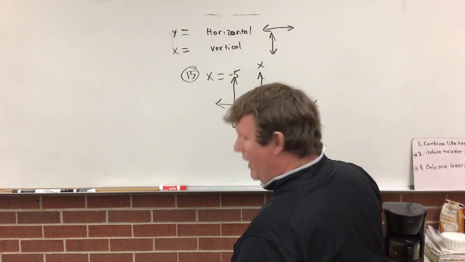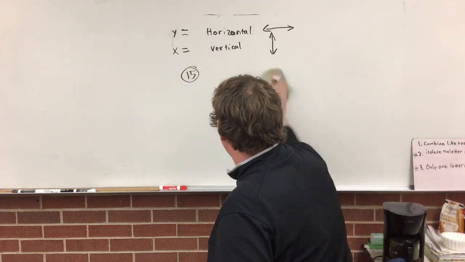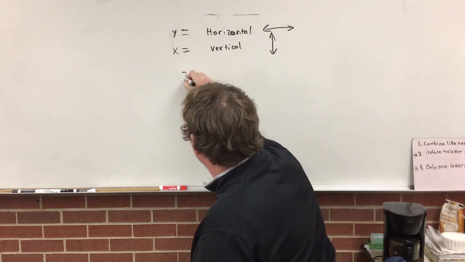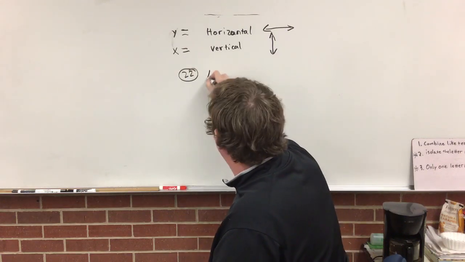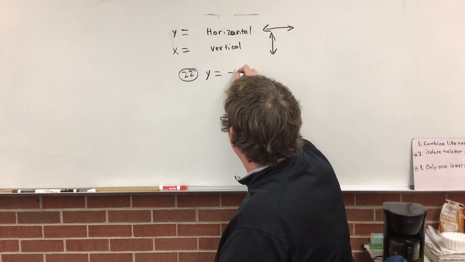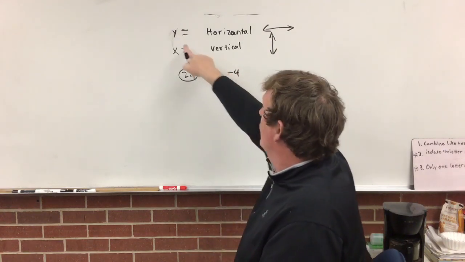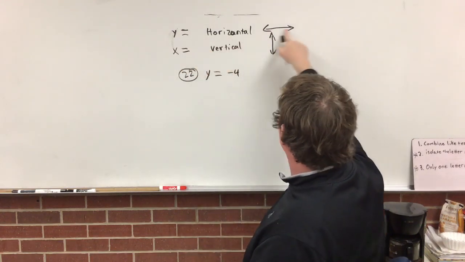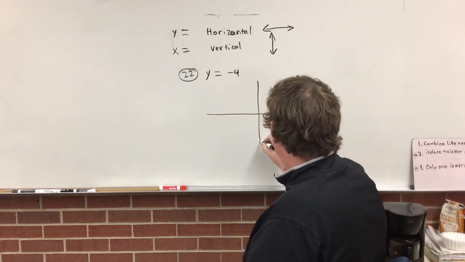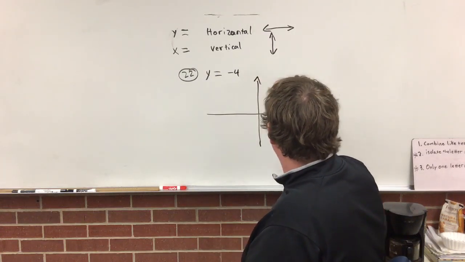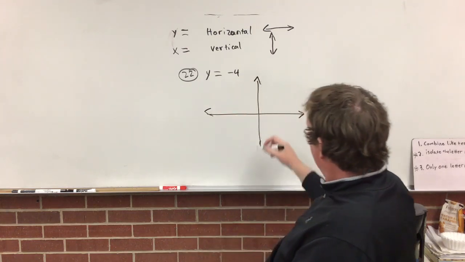Let's do another one. Let's try one with a y. Let's try 22. That's the last one you have to do of those. So it says 22, y equals -4. Whenever we're dealing with y, we're going to deal with a horizontal line, one that goes across. Find out where y equals -4.